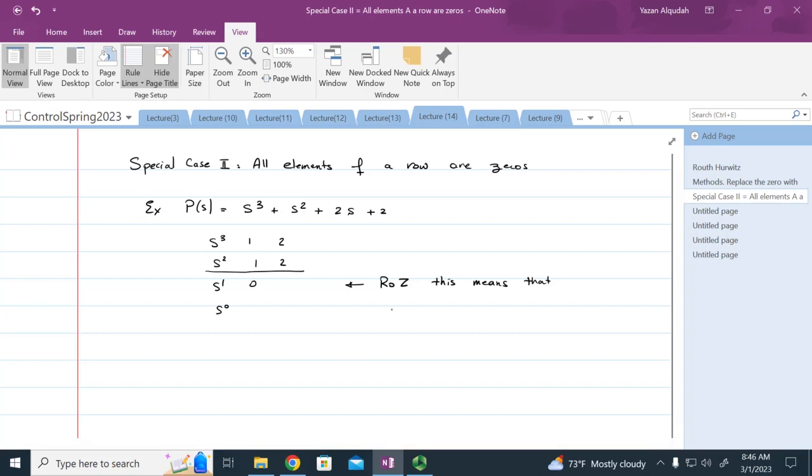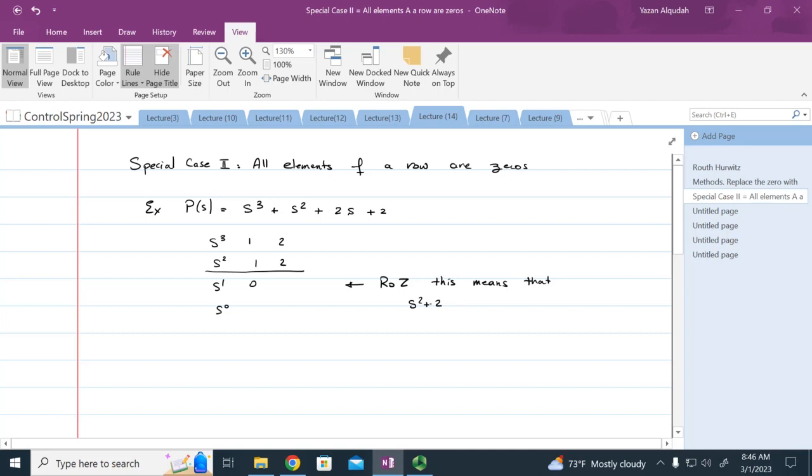So what is the polynomial that is above the row of 0? s squared plus 2, isn't it? This polynomial that is above is s squared plus 2. Everybody confused?